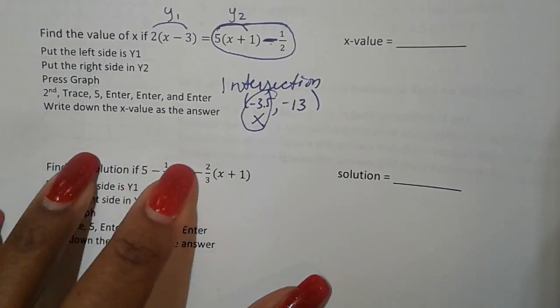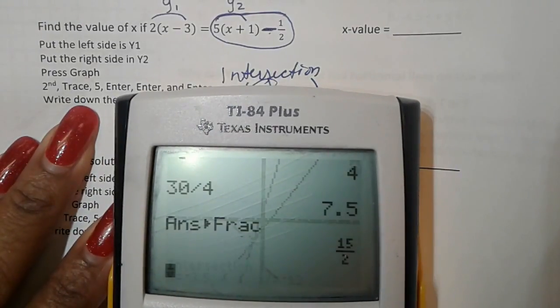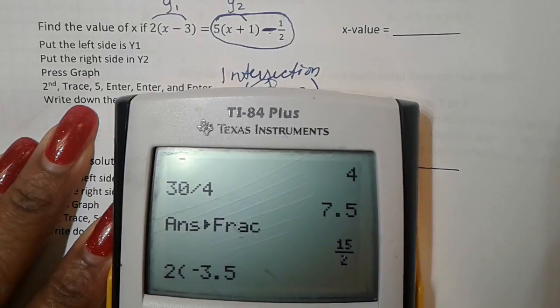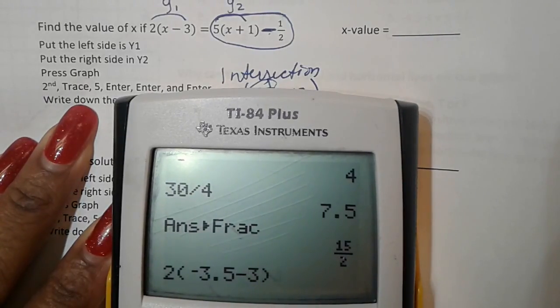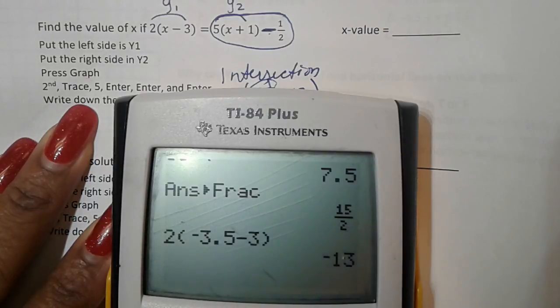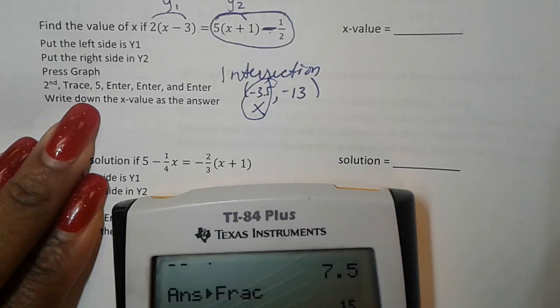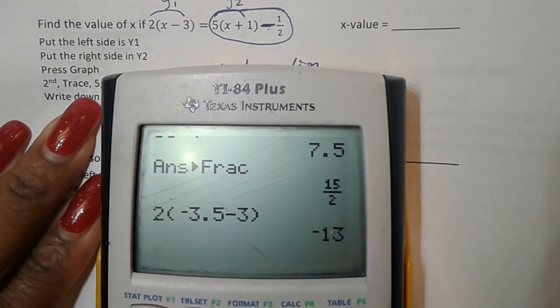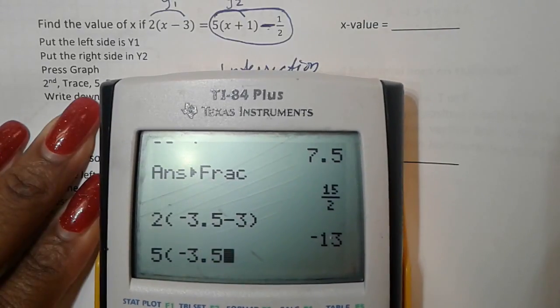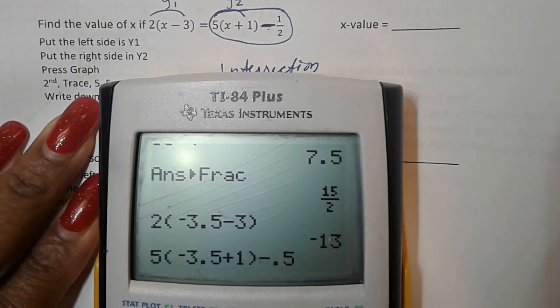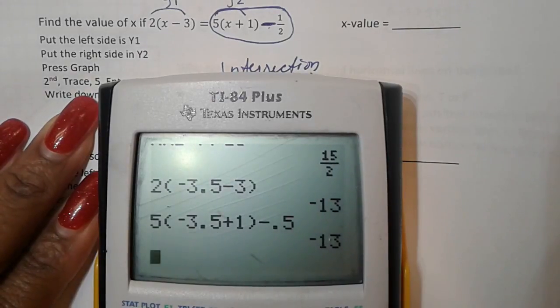Let me show you, seriously. 2 parentheses, negative 3.5 minus 3 is negative 13. Nah, man, that's a trip. Now let's do the other side. 5 parentheses, negative 3.5 plus 1, close parentheses, minus 0.5 is, drum roll please. You got to be kidding me.